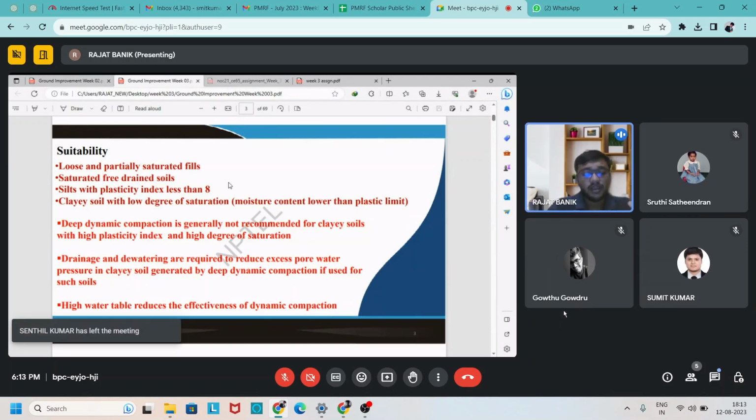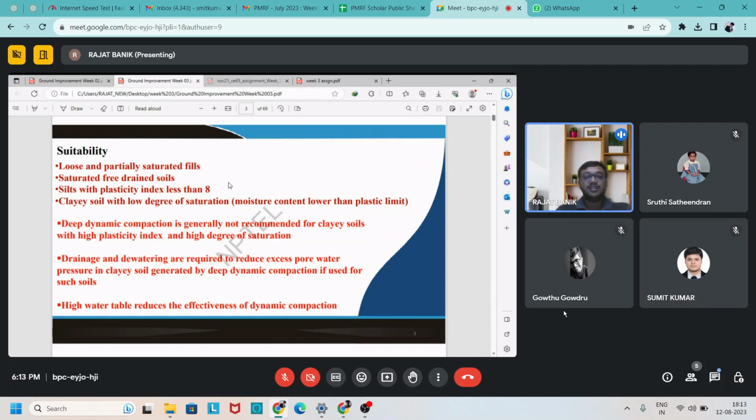Free-draining means that even if the soil is saturated, we can apply the load or temper on it, and the excess pore pressure which develops can easily dissipate. That's why it should be saturated free-draining soil. It can also be used in silts with a plasticity index less than 8, and sometimes in clay soil.